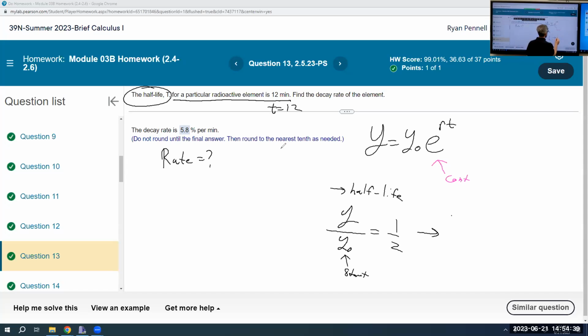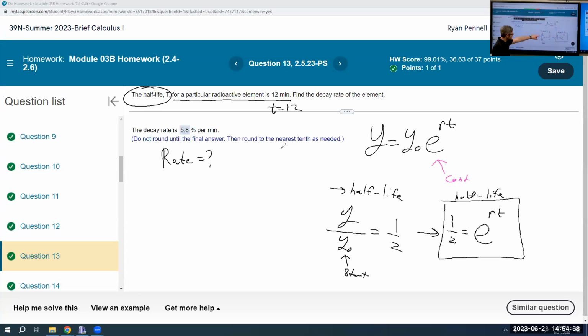That means we're going to have 1/2 equals e to the RT. You're going to want to use this for any question that talks about half-life. We can solve for R because we know how long it takes to have a half-life, 12 minutes. So 1/2 equals e to the R times 12, and this will give us R in minutes.